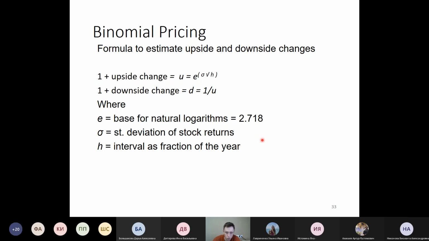So in order to have everything in accordance, we should have this component of the formula. And the downside change is 1 divided by the upside change. And this is why, as I showed you, if the price goes up, then goes down, we reach the same level of the price. And this is due to the way these changes were estimated.